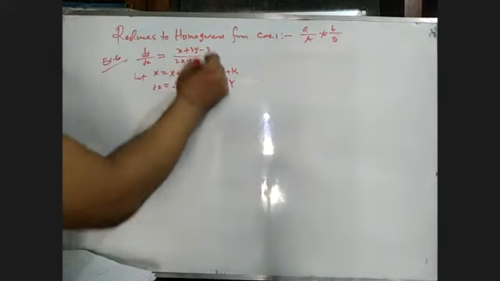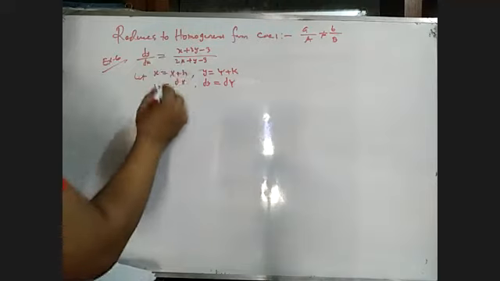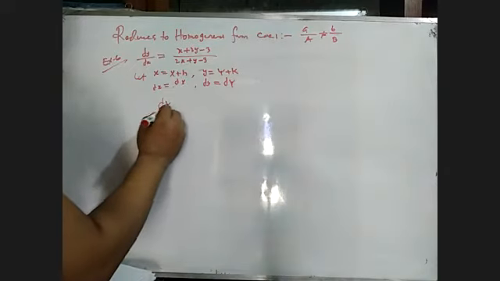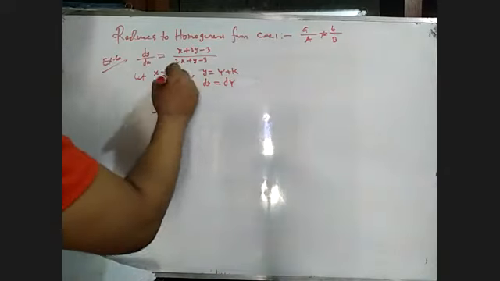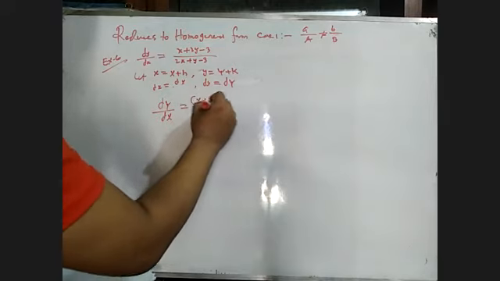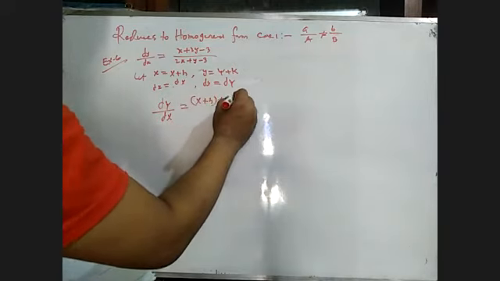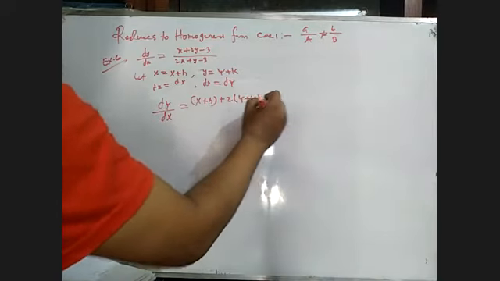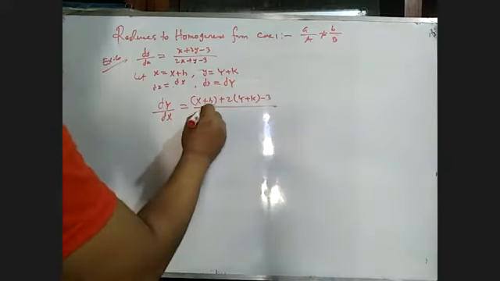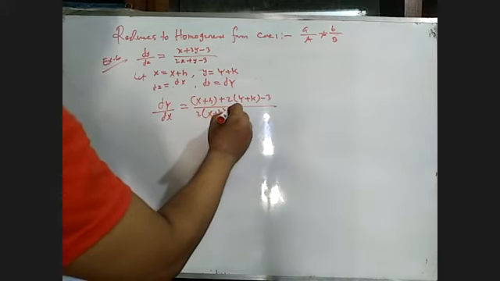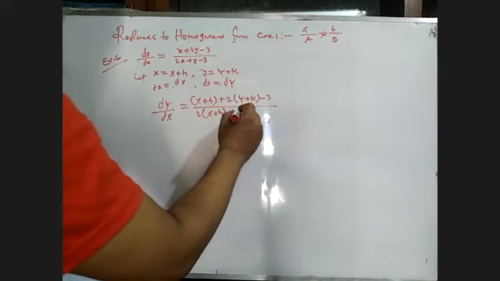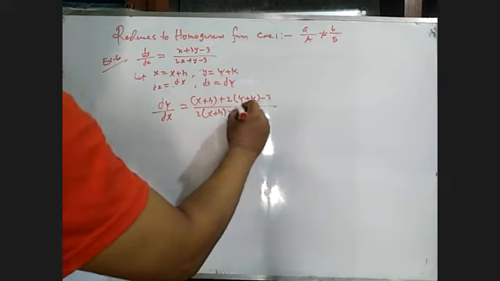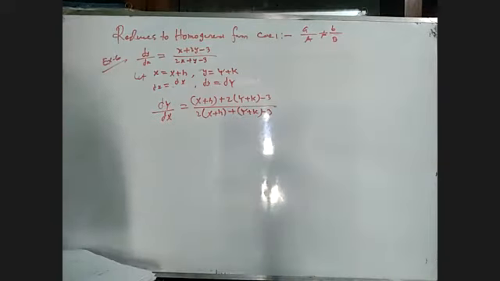So dy by dx will be capital dY by capital dX, where x equals X plus h, and y equals Y plus k, so (X + h + 2(Y + k) − 3) divided by (2(X + h) + Y + k − 3).